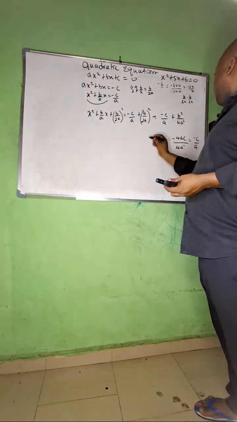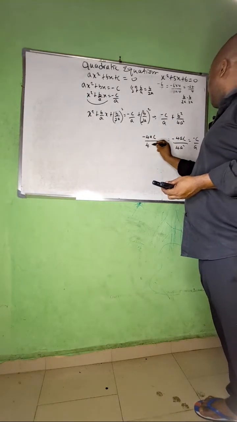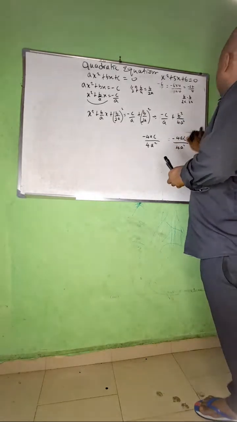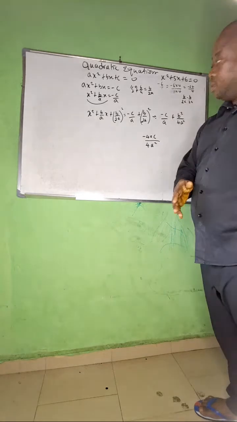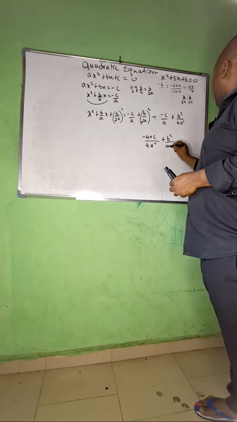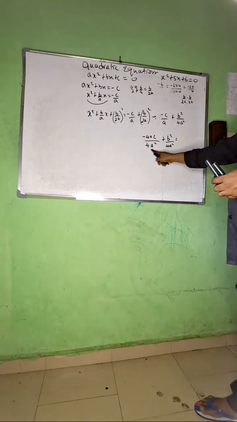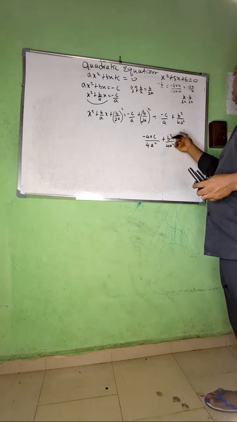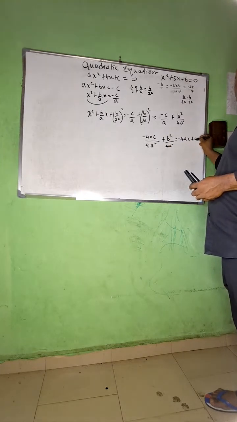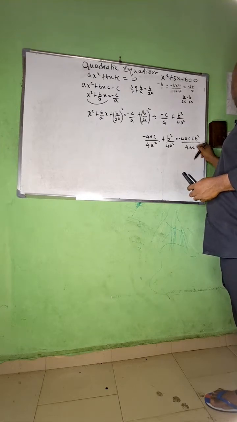Now I will have negative 4ac all over 4a squared plus b squared over 4a squared. Since they have the same denominator, I just add. I have minus 4ac plus b squared all over 4a squared.